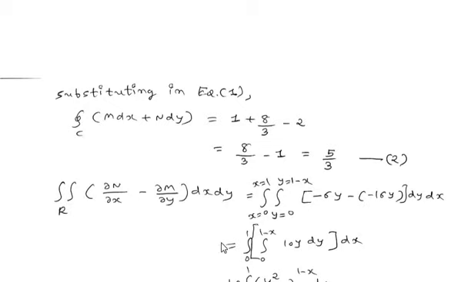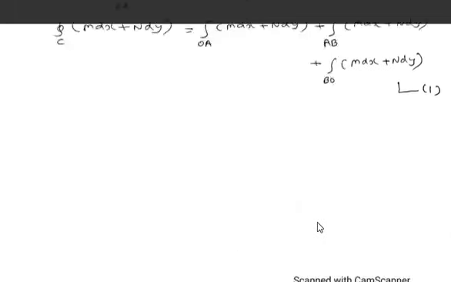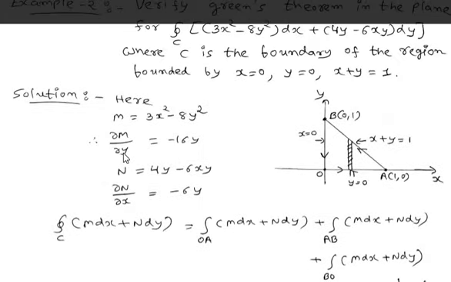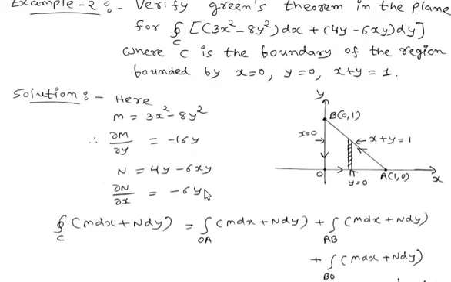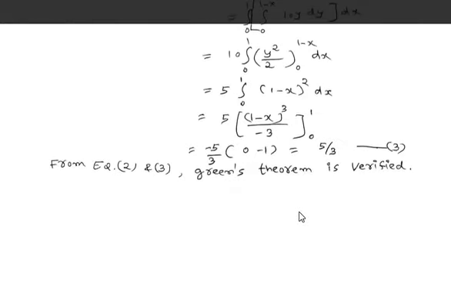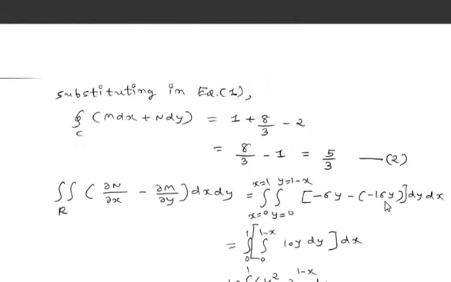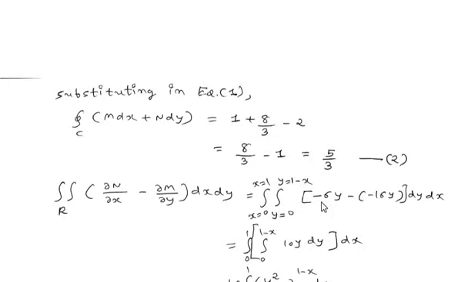This minus sign stays as it is, and del M by del y is minus 16y. So minus minus becomes plus 16y, minus 6y, and the result is 10y.